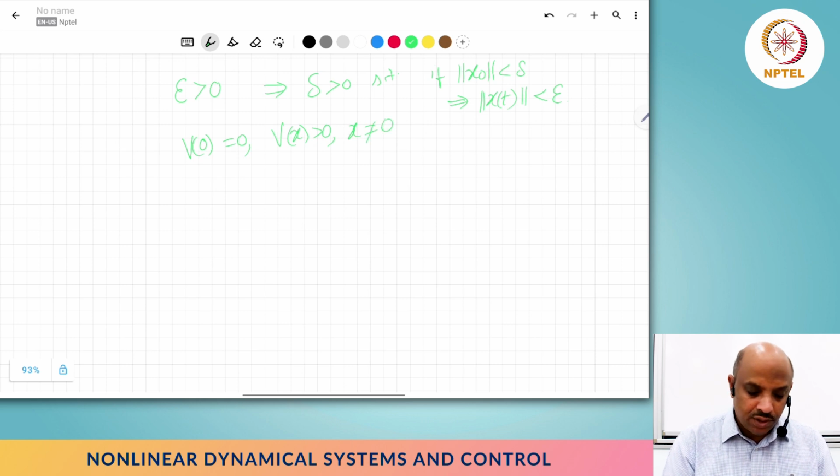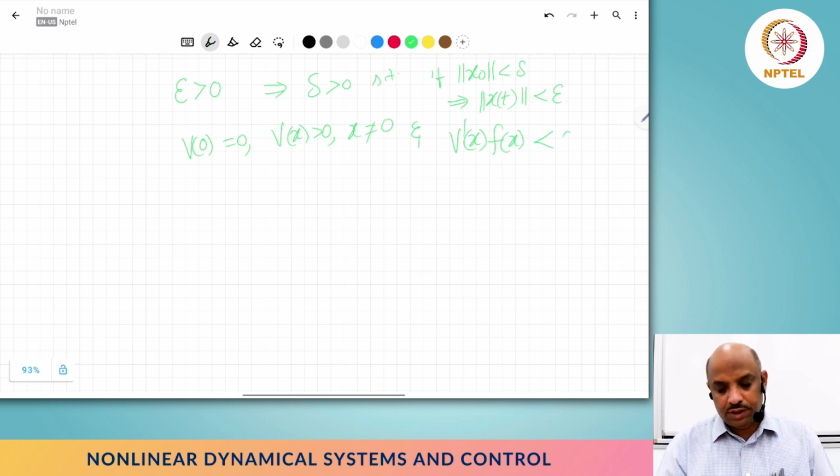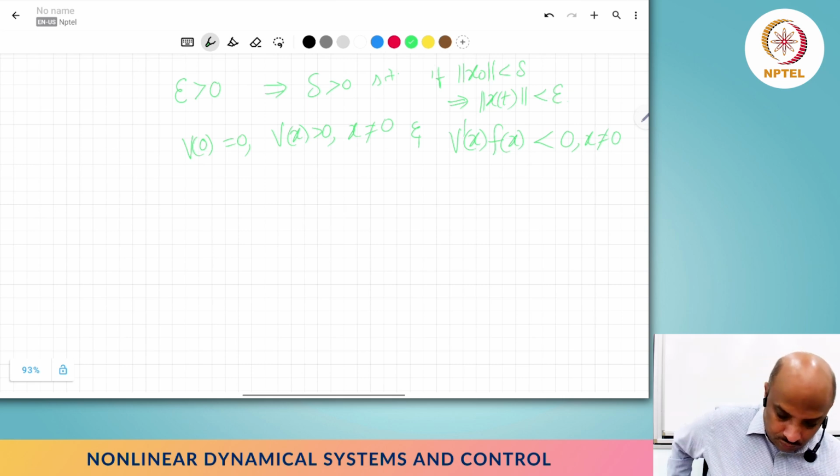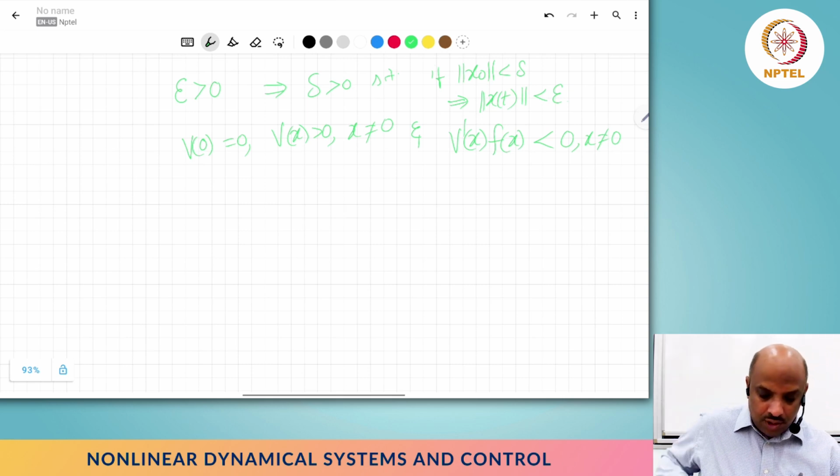That's one condition. And V prime of x times f of x is less than 0 for all non-zero x. I mean, this of course is 0 at 0 anyway, right? Yeah.